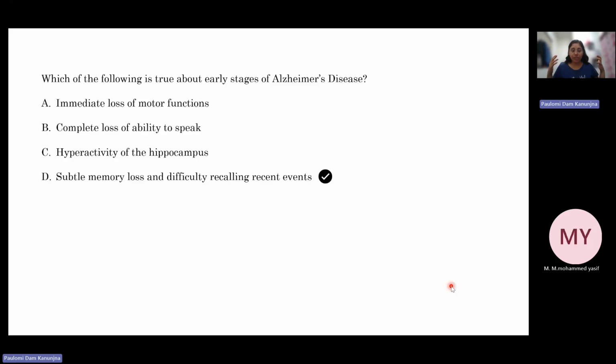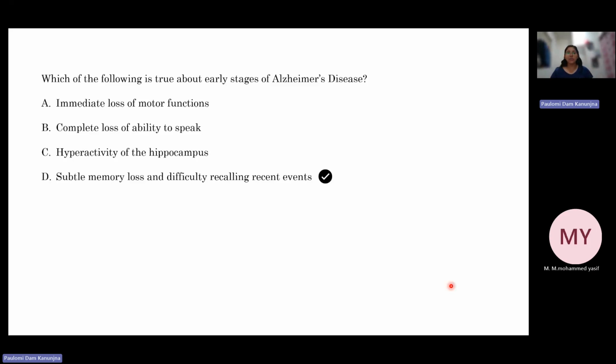You suddenly have confusion, you can't remember words that you otherwise use in day-to-day activities, and you seem to have lost the information. So that's the beginning of Alzheimer's, right? Subtle memory loss, difficulty in recalling recent events. Those are the problems with Alzheimer's disease.